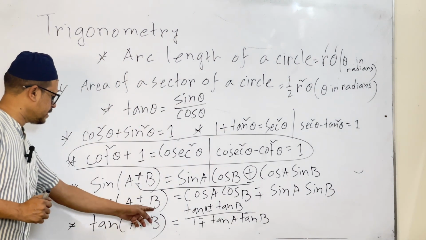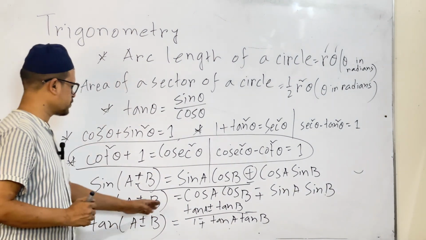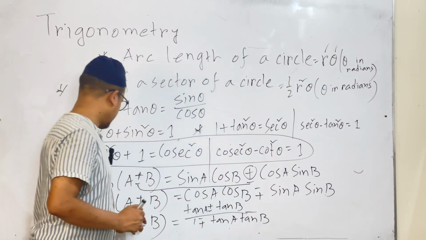For cos(A ± B), due to cos, we will take first plus then minus, first minus then plus.